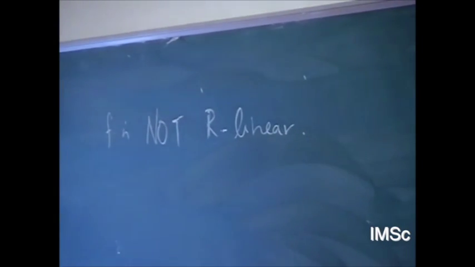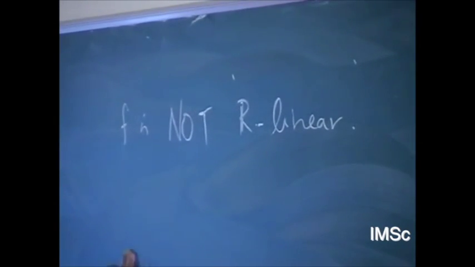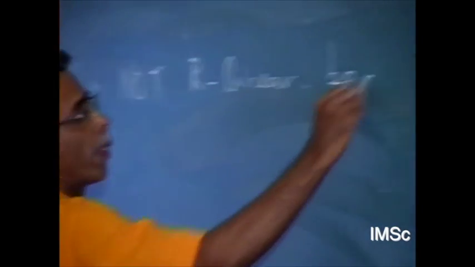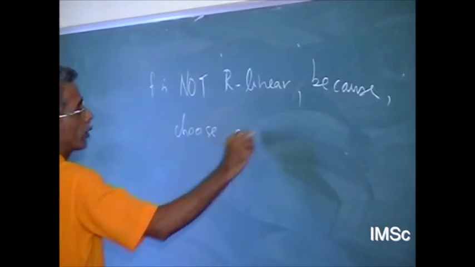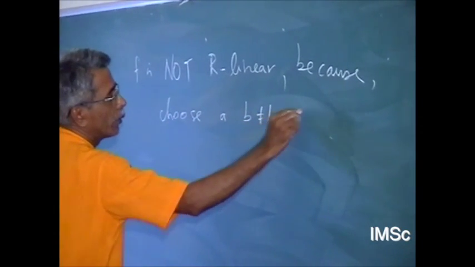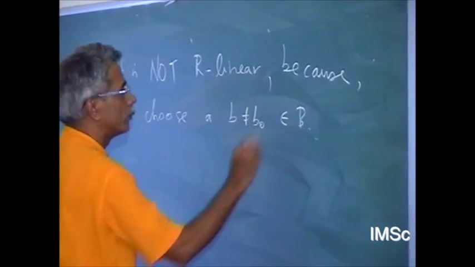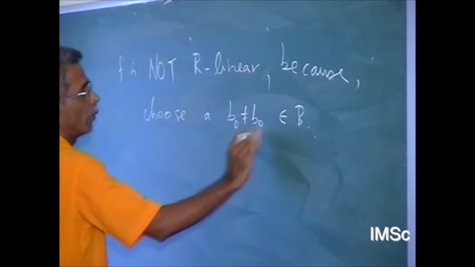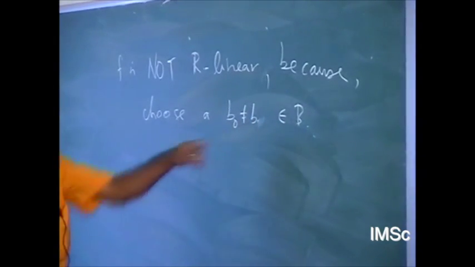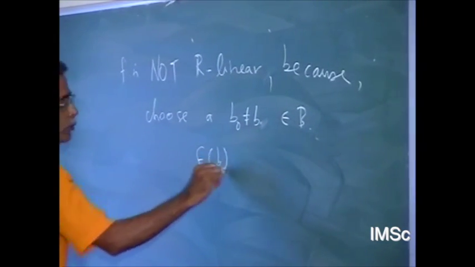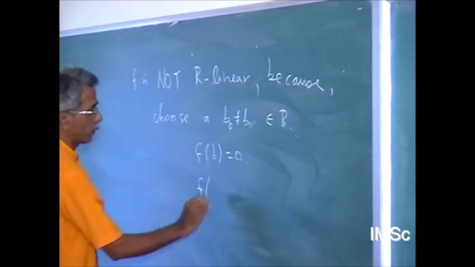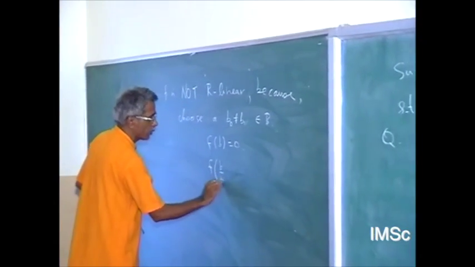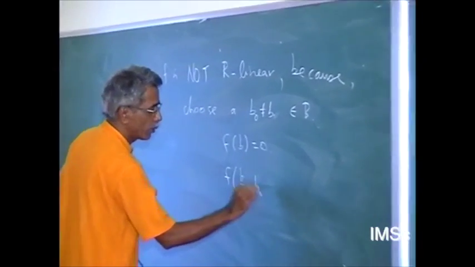This means, choose a b not equal to b naught in B. Choose an element with F of b equal to 0. If it were R-linear, I could have written b as b by b naught times b naught.